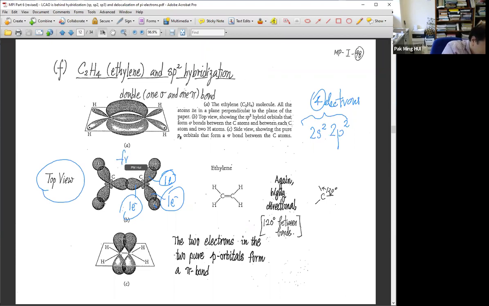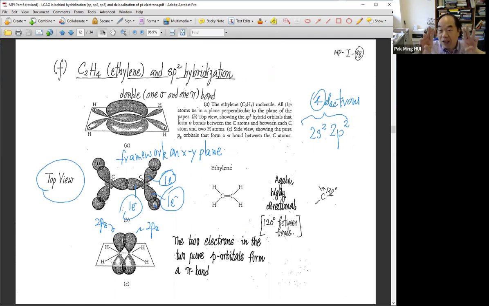So this is the framework bonding on the XY plane, very strong, because of strong, good overlap. Okay, but there is another one, the 2pz, from each of the carbon atoms, that will form a pi bond.